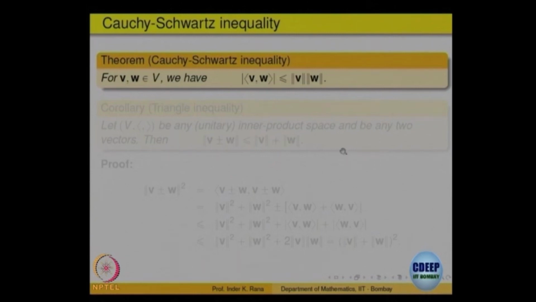We have the Cauchy-Schwarz inequality for R n, and the same property is true for any inner product space. We will not give a proof of this, we will assume it.